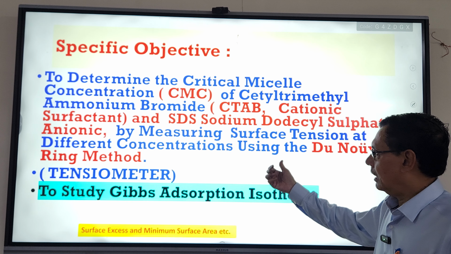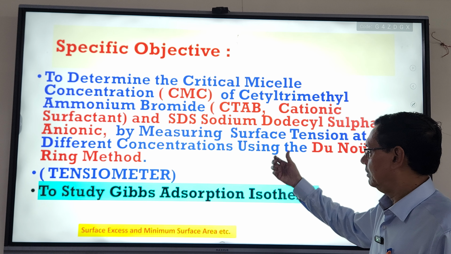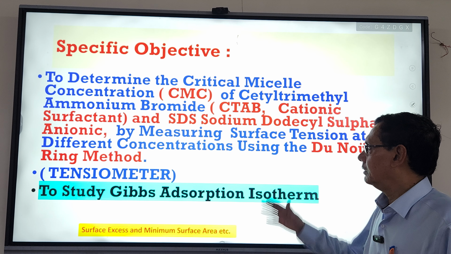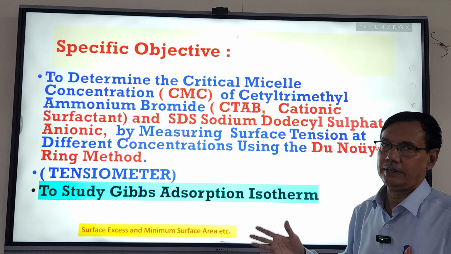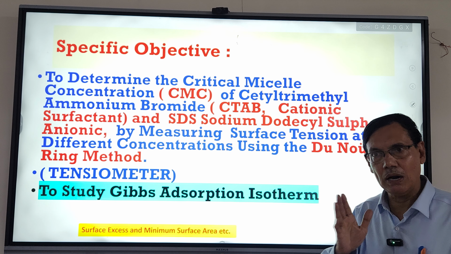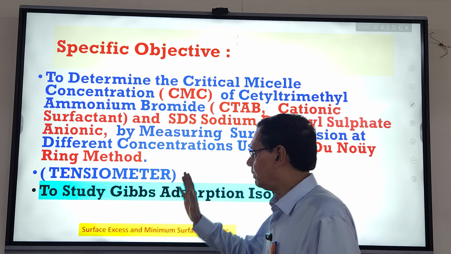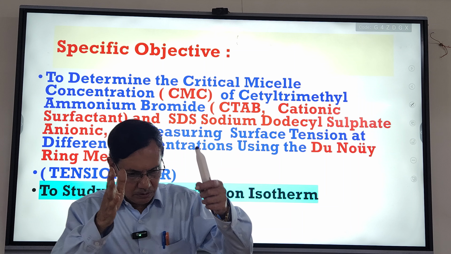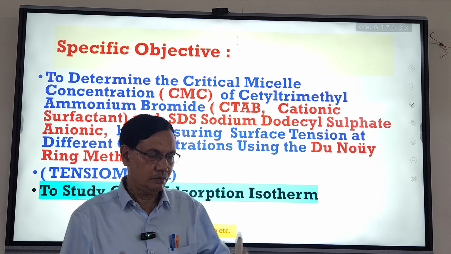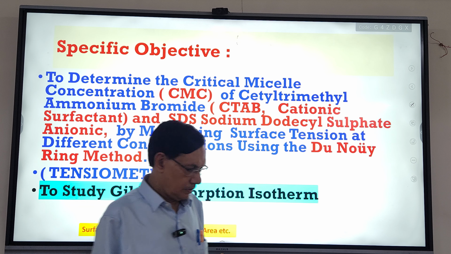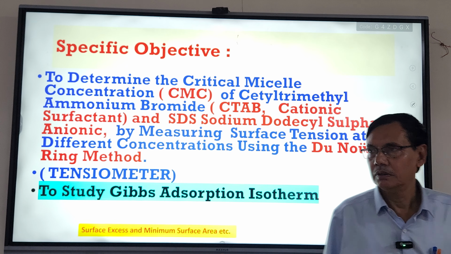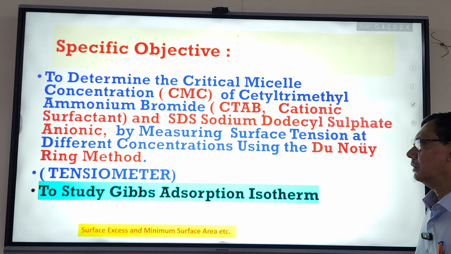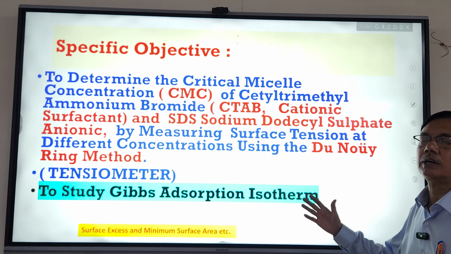And I will give sodium dodecyl sulfate to another student. That is an anionic surfactant. So that is experiment number 1. Today I will not discuss experiment number 2. With the help of these CMC values, or with the help of this surface tension, you can also perform another very important experiment to study the Gibbs adsorption isotherm.